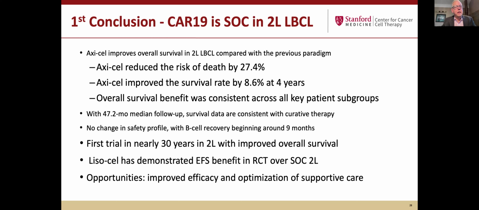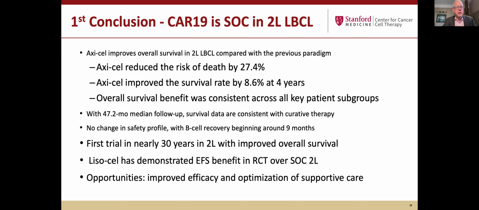My main conclusion for today is that CAR T cell therapy is available. Axi-cel and liso-cel are approved for second-line treatment. These therapies have been shown to have not only progression-free benefit, but overall survival benefit. The axi-cel study was large enough to show an 8.6% absolute benefit at 4 years, which is a 27.4% reduction in death. The overall survival benefit was seen across all different types of patients and didn't differ by age or disease type.